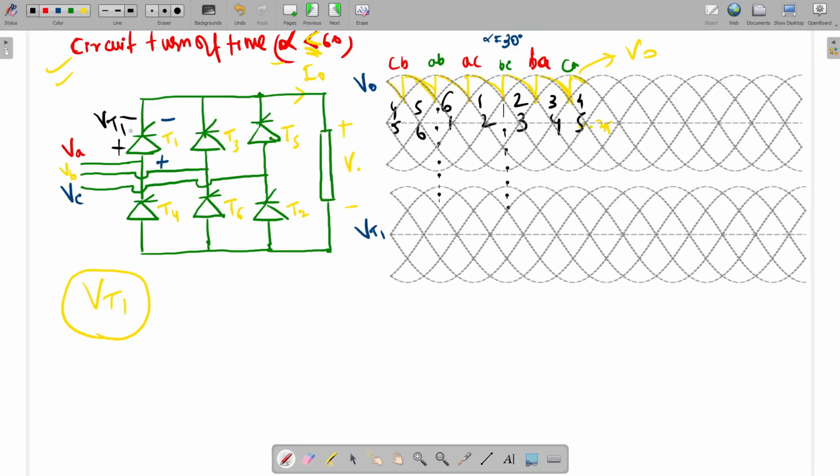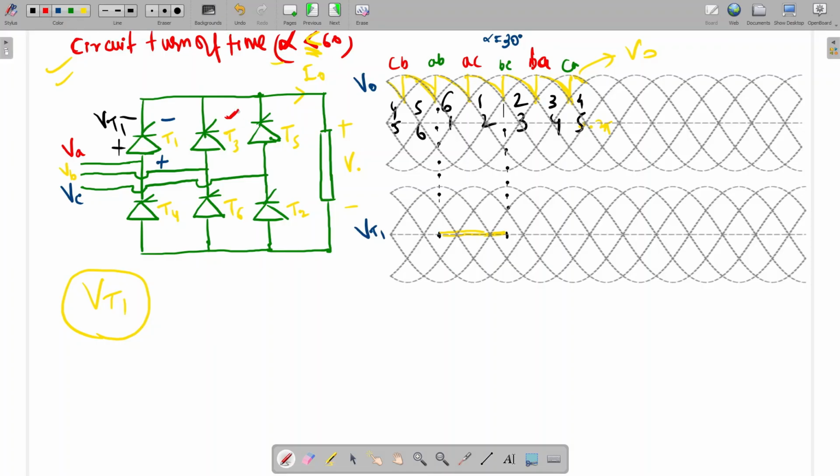This is VT1. When this switch is conducting, the voltage will be 0. Is it clear? So here to here it will be 0, since switch 1 is conducting, here 6 1 and here 1 2. And when 3 is conducting, where is the 3? 3 is here.